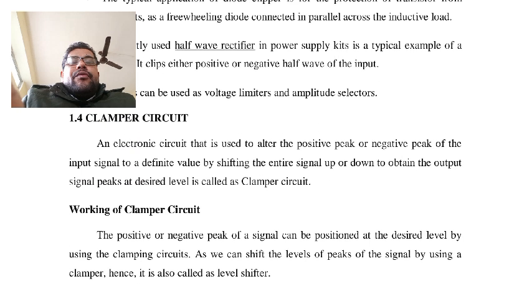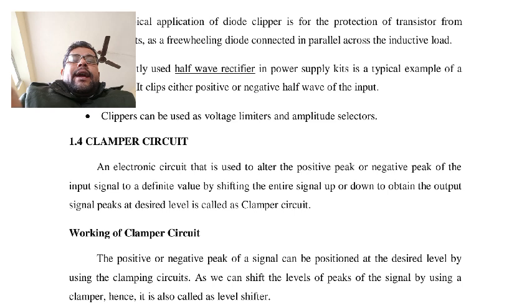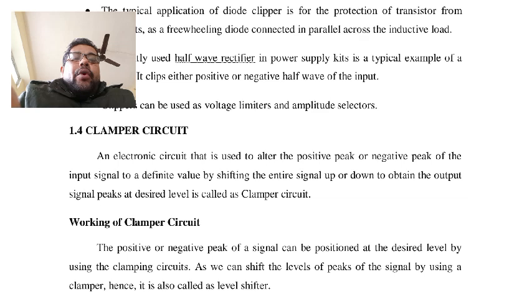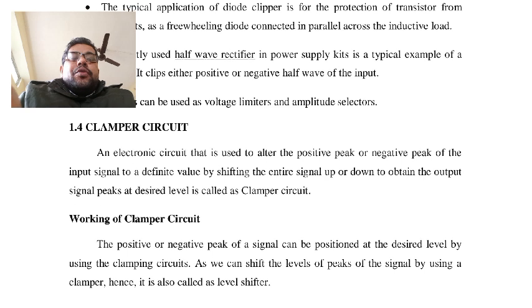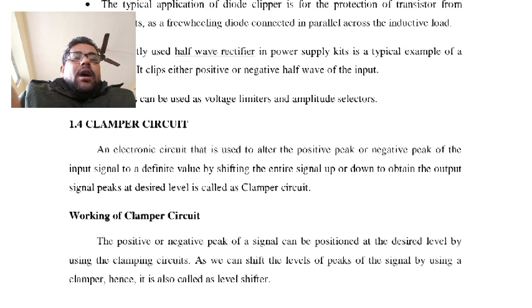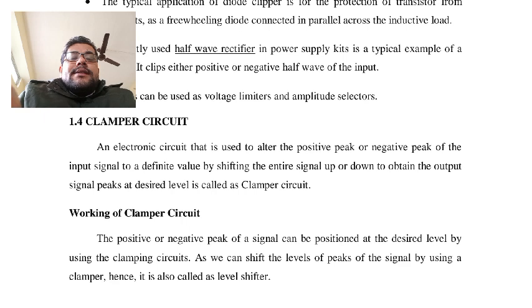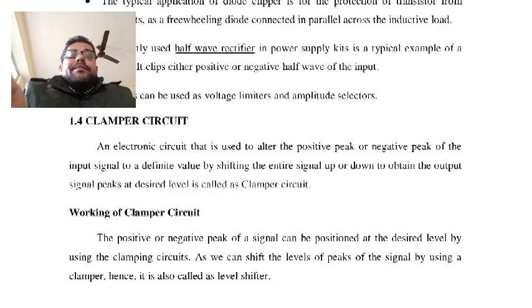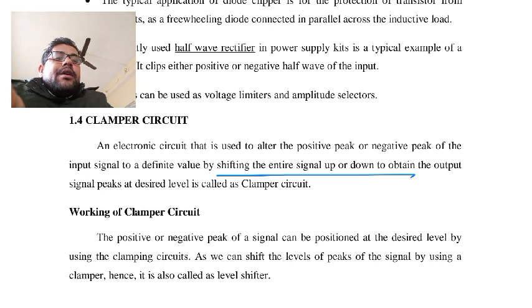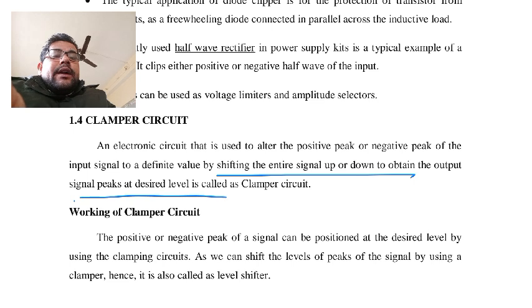So we can see the definition of the clamper. An electronic circuit that is used to alter the positive peaks or negative peaks of input signals to a defined value by shifting the entire signal up or down, to obtain a signal at the desired level, is called a clamper.